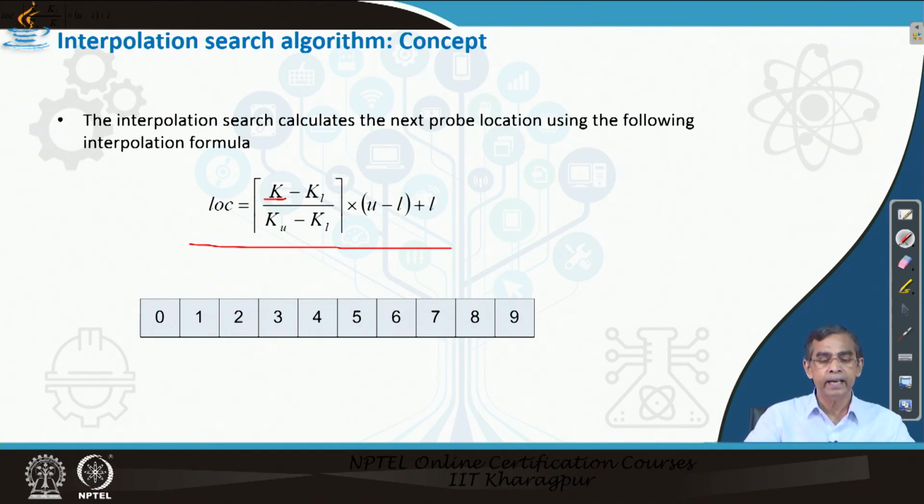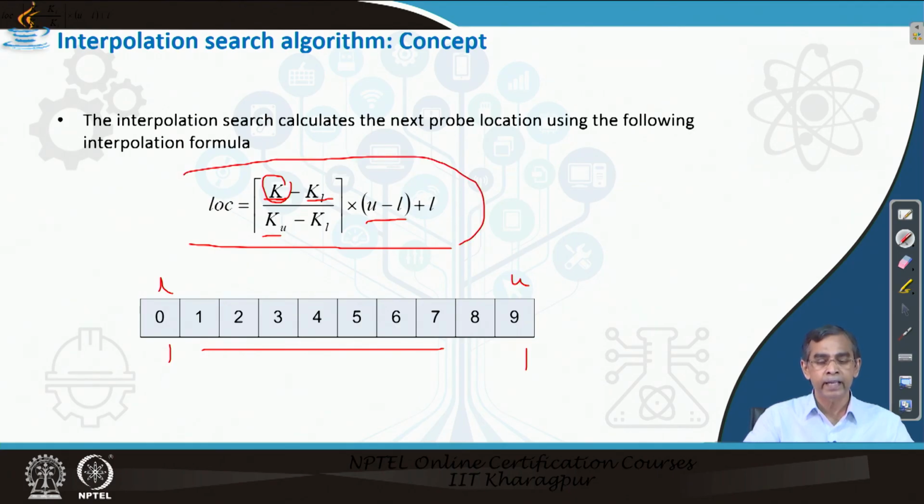So k is the target key, kl is the lower bound and ku is the upper bound in this series, and the target element is what you want to find, whether it is in the list or not, and u minus l is the location range. So this is l and this is u.